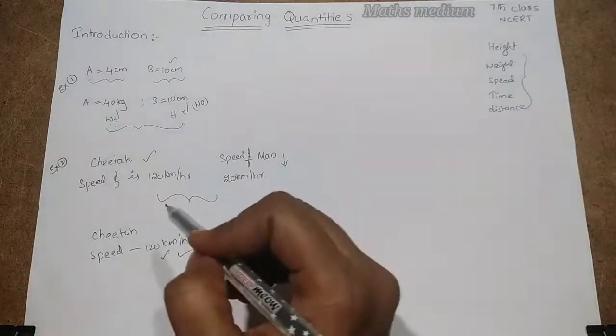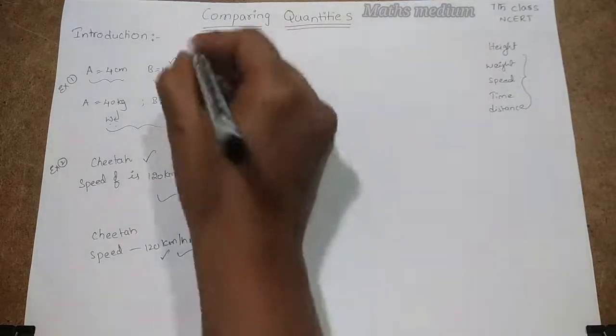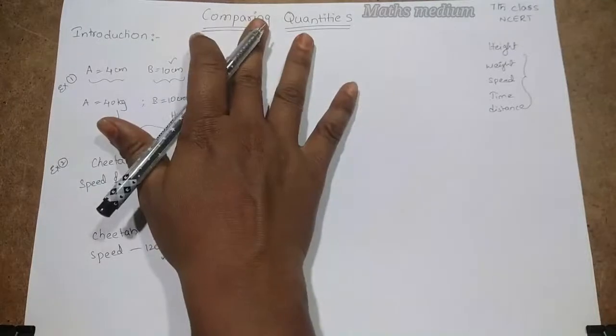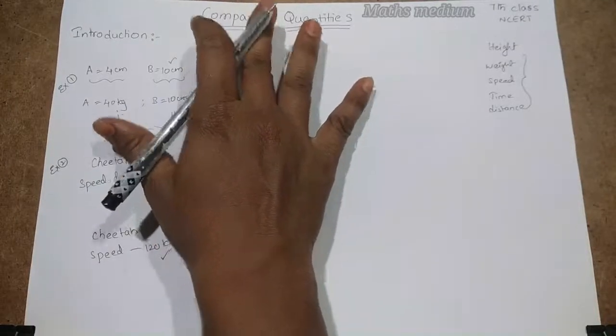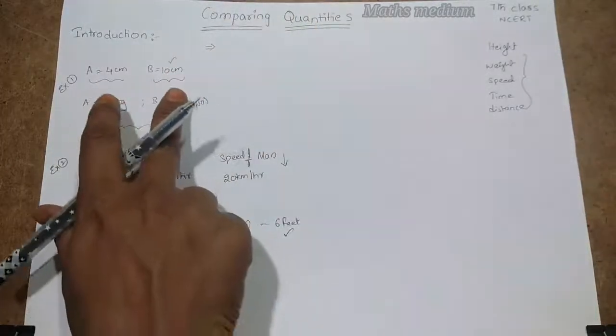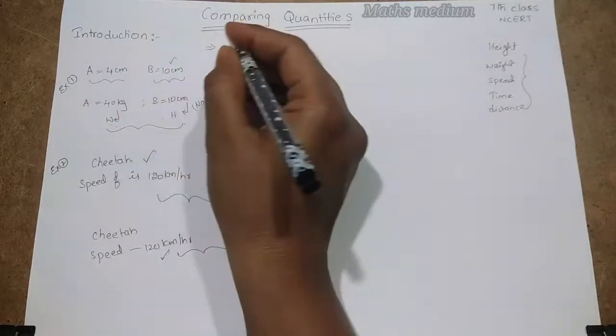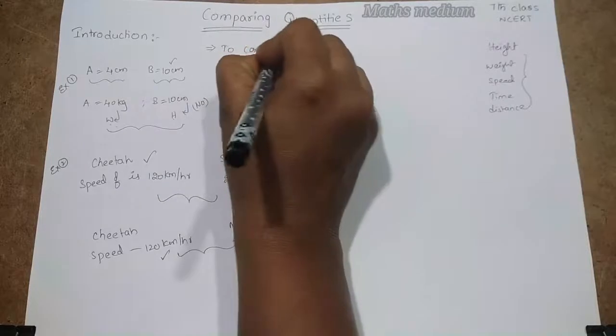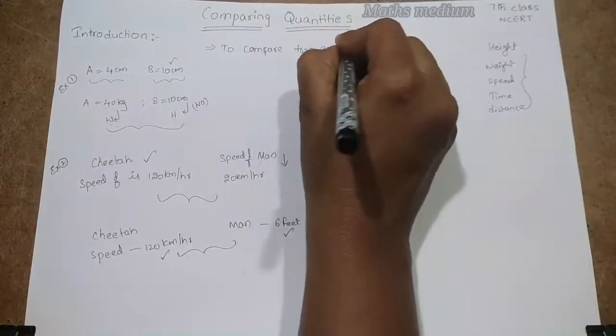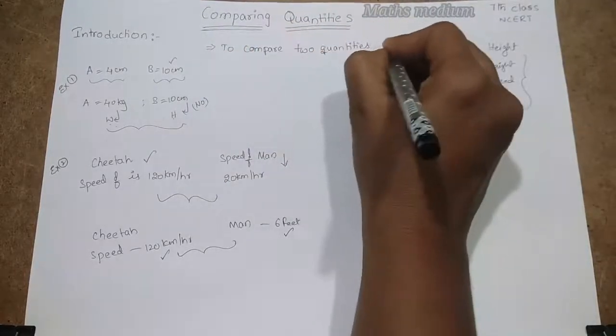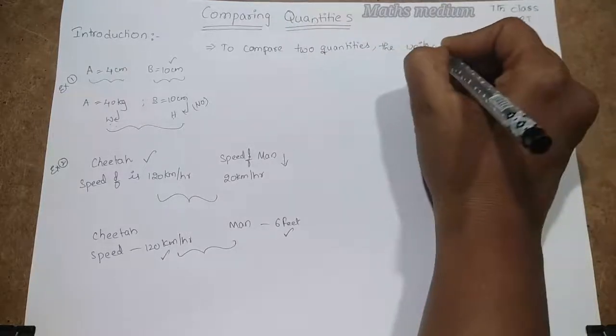So from these examples we can say one thing: if you want to compare any quantities, we have to check whether the two quantities are in the same units. So we can write it as, to compare two quantities, the units must be the same.